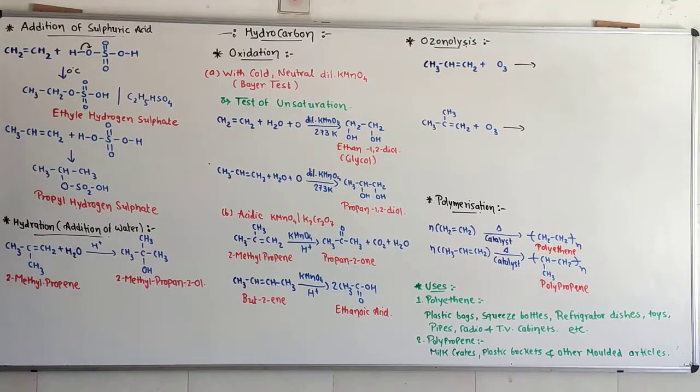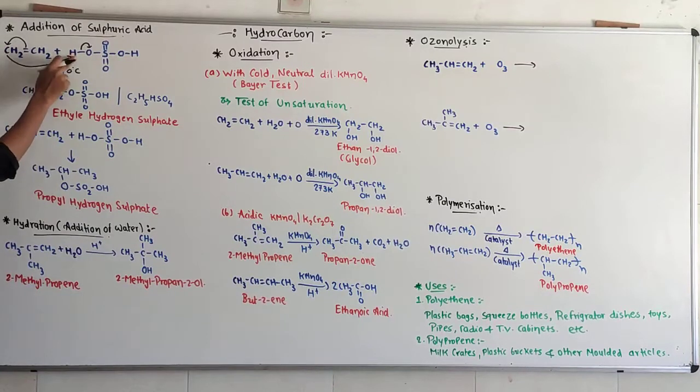Now, ethene is a symmetrical molecule, so we do not have to go with Markovnikov. It does not matter which carbon contains the electron. Suppose this carbon gets the electron. So this carbon will be negative, this carbon will be positive. And the negative carbon will get the hydrogen, H plus.